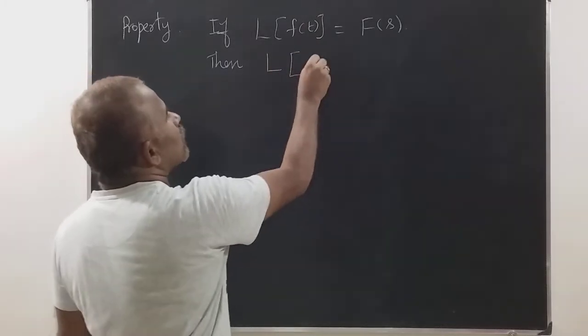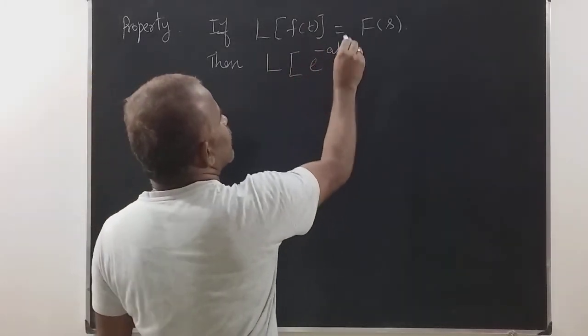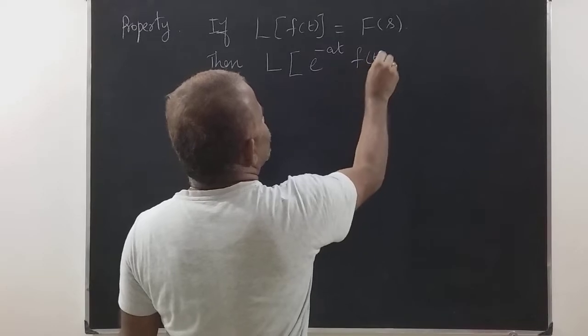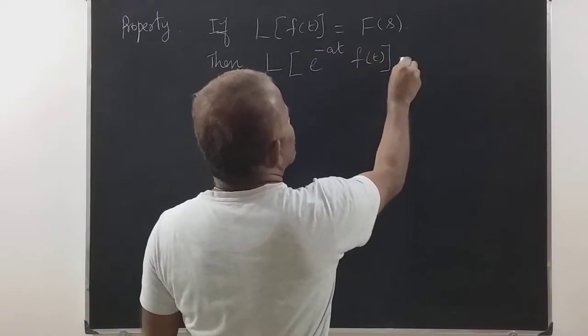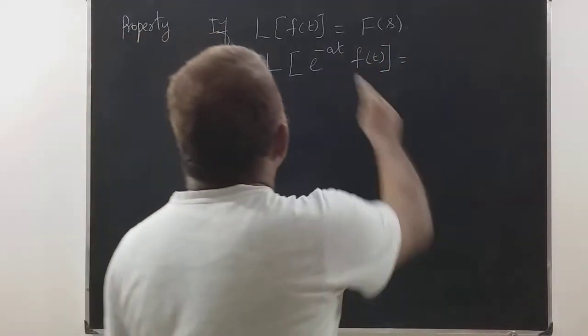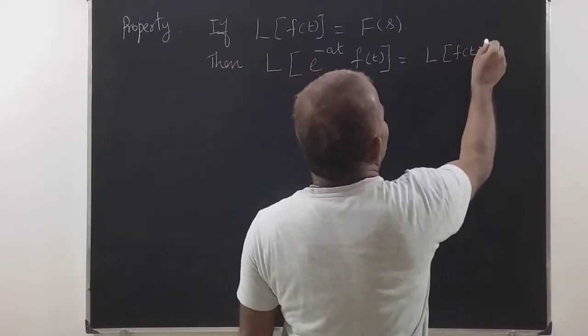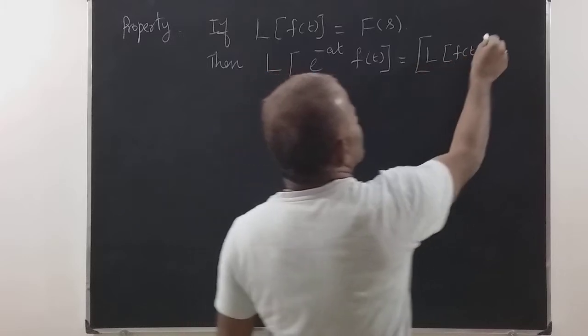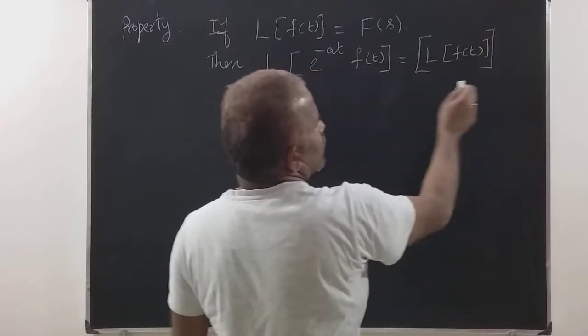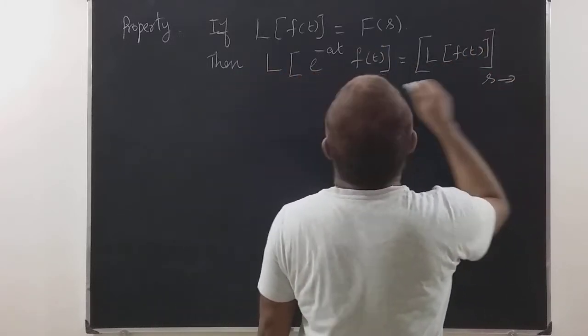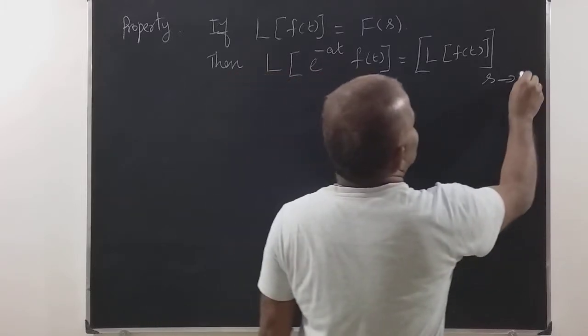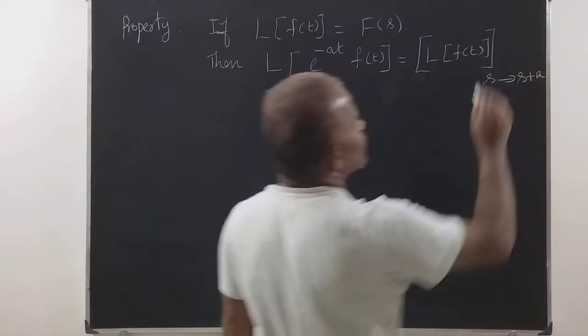L of e power minus at f of t is equal to this L of f of t, which is a function F of s, with s replaced by s plus a.